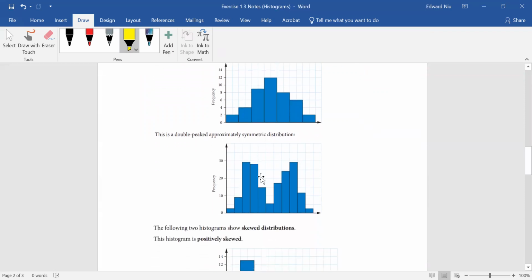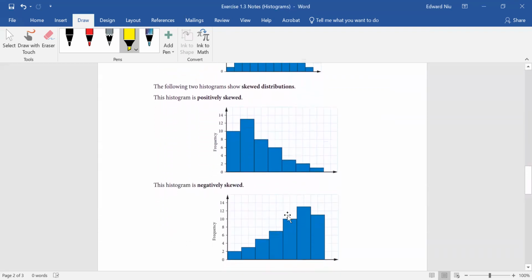If we have multiple peaks, like twin towers, we can say this is double peaked. Whether or not it's symmetric depends on the other bars. All right. But if they're evenly apart like this, and there's two clear-cut peaks, or two evenly barred peaks, then you can say it's double peaked.